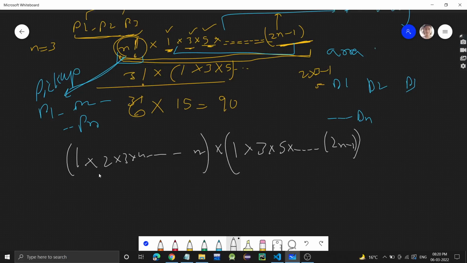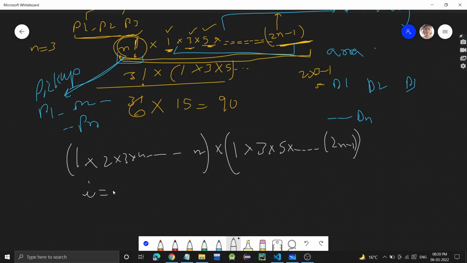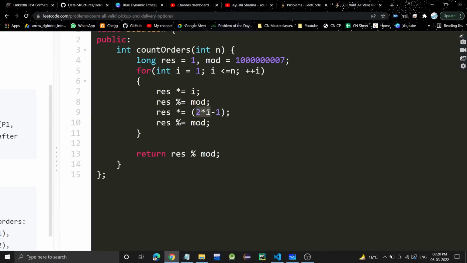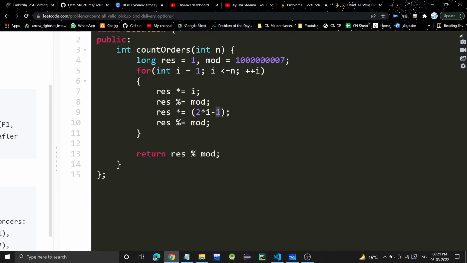So here we will side by side calculate both of these things, that is res into the current i, if i is 1 initially, so this is multiplied, and this also we will multiply side by side, that is 2i minus 1. So this was 2i minus 1, right? 2 into i is 1, so 1, that is here.